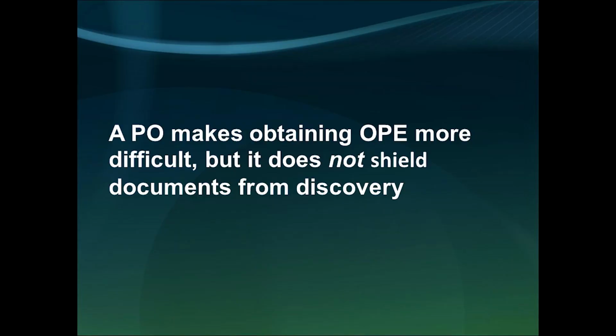First, don't get confused if your adversary seeks to avoid production by saying there's a protective order in place in the original matter. A protective order can make obtaining evidence from other proceedings more complicated, but it does not shield documents from discovery at all. A party cannot protect its own production from disclosure by designating it.